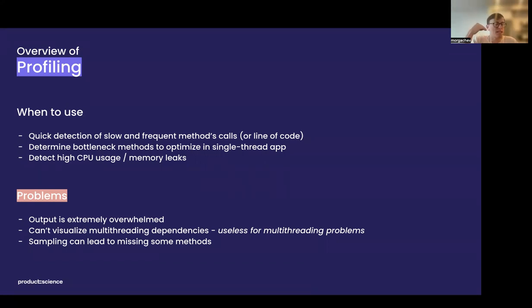And the last problem is sampling can lead to missing some methods because we are making a sample, for example, every 10 milliseconds. It means if something is executed only once and the execution time was less than 10 milliseconds, we will just not see it.